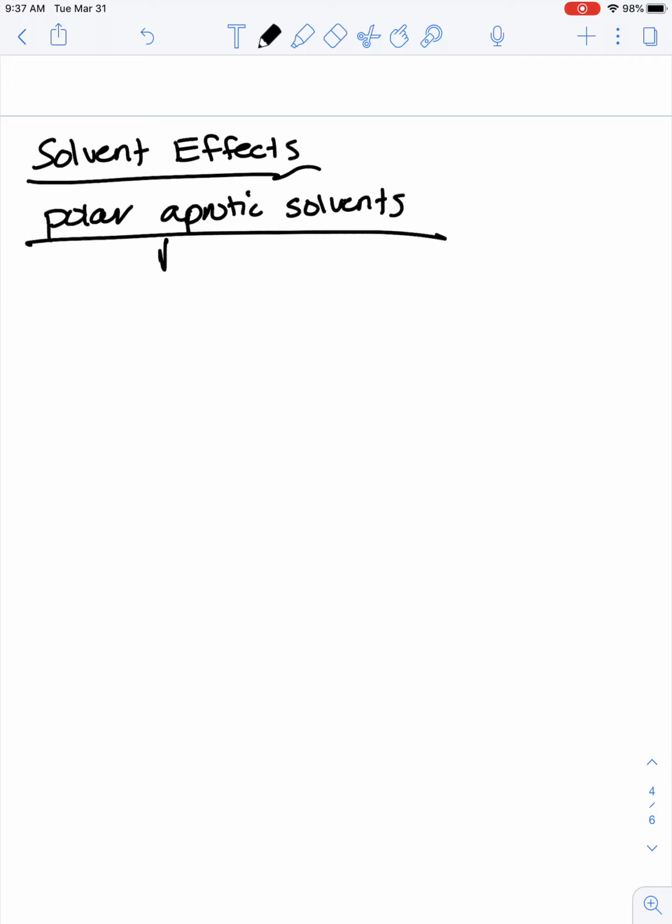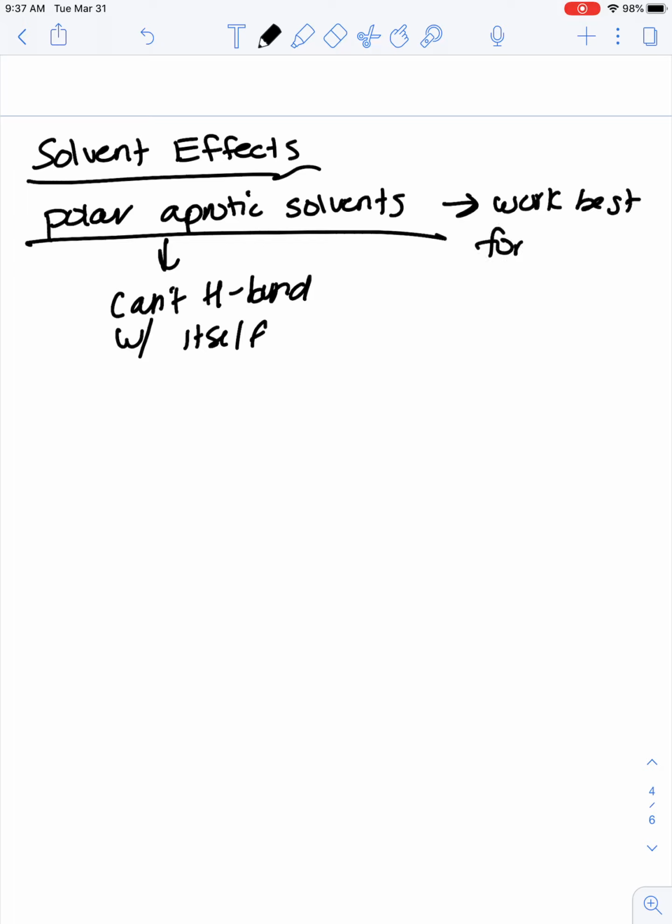What polar aprotic solvent means is that it can't hydrogen bond with itself. So polar aprotic are going to work best for an SN2 reaction. They will dissolve the polar nucleophile, the leaving group, and the electrophile.